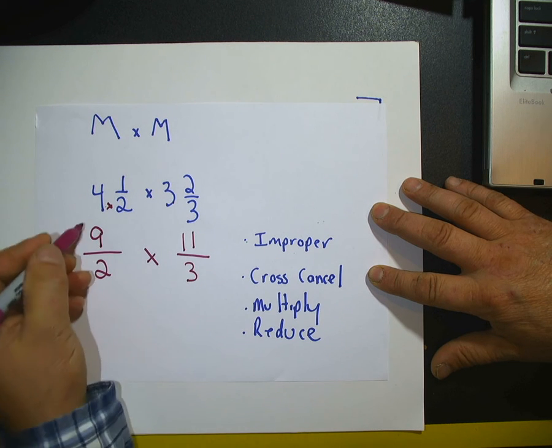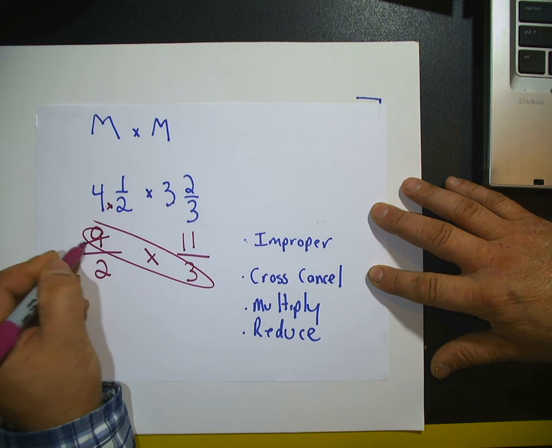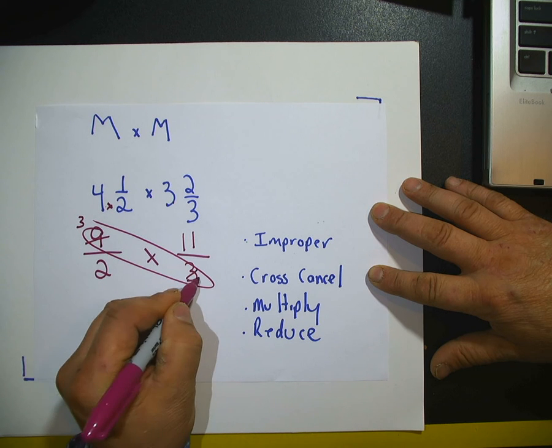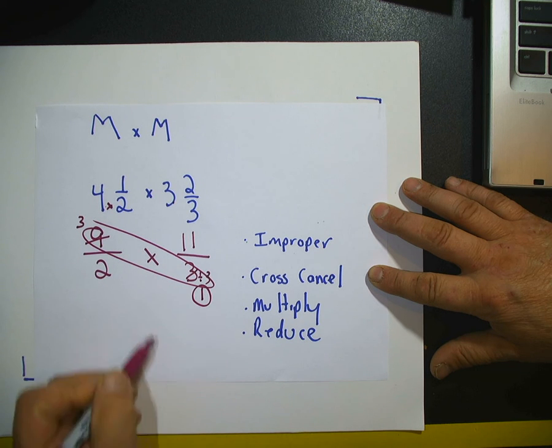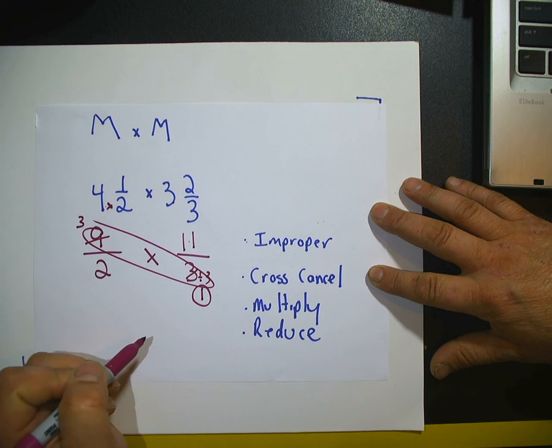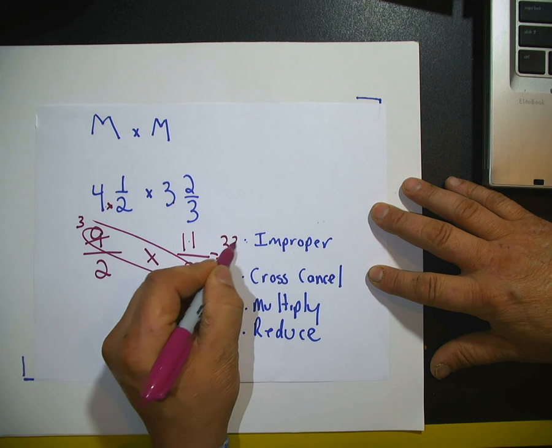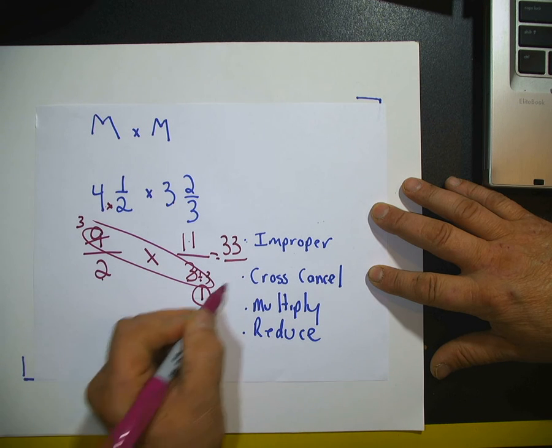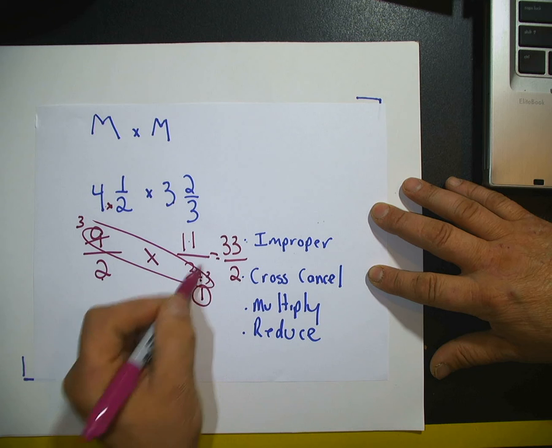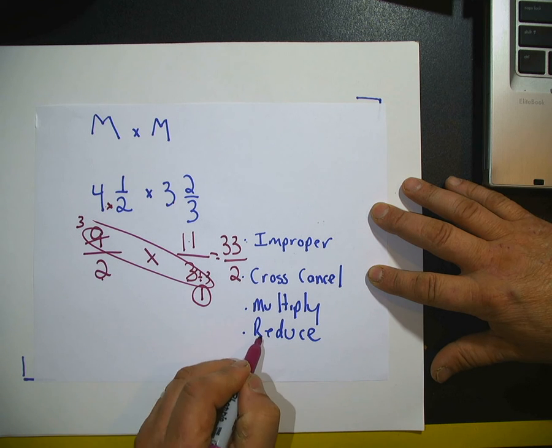Now I'm going to cross cancel. 3 goes into both of these. 11 and 2, they don't have any common factors. 3 times 11 is 33. 2 times 1 is 2. So now I've got an improper fraction. So that means I have to convert.